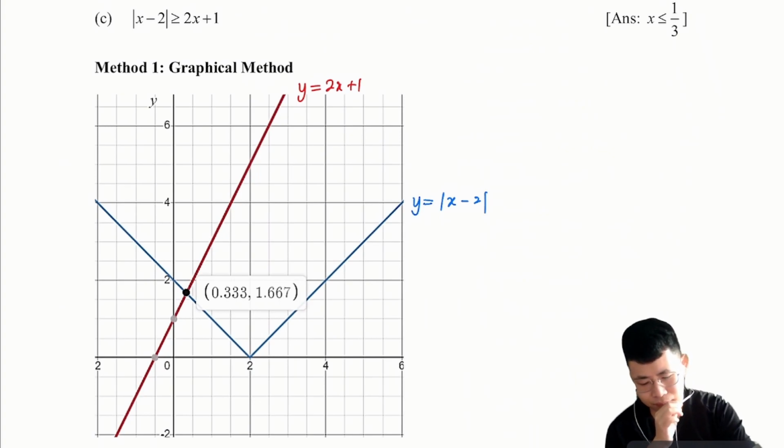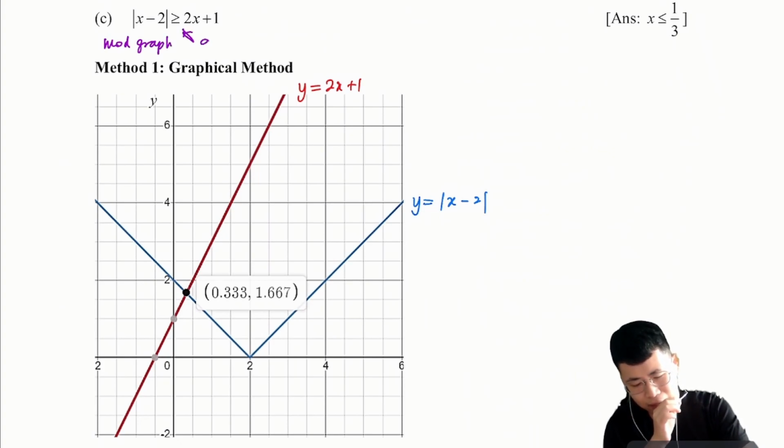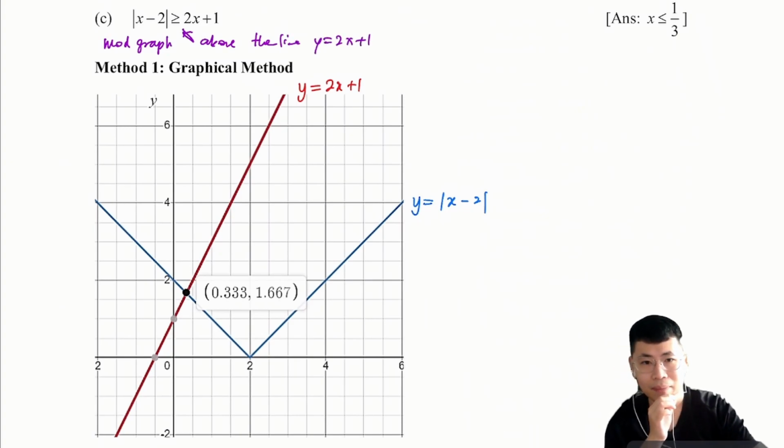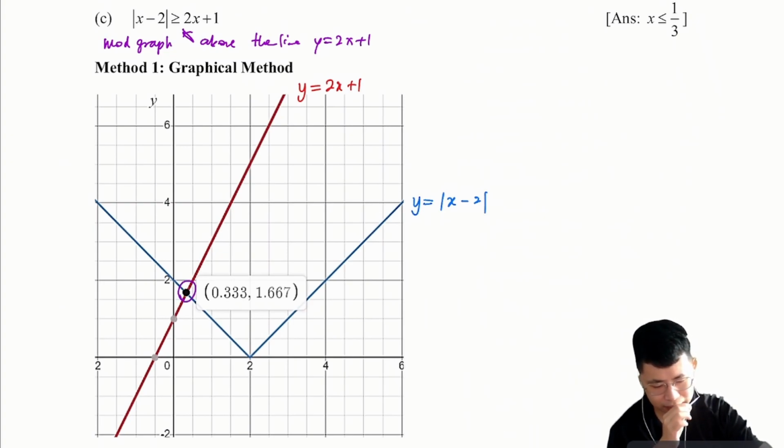exact form. Now, over here, we are looking at the place where the modulus graph is above the line y equals 2x plus 1. So where is it above the line? It will be just strictly from this point here upwards.